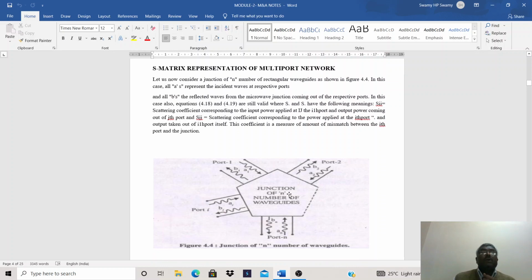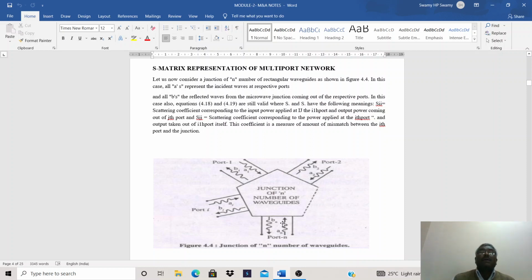Let us consider a junction of n rectangular waveguides as shown in the following figure. In this case, all the A's, A1, A2, A3 up to An, represent the incident waves at the respective ports.